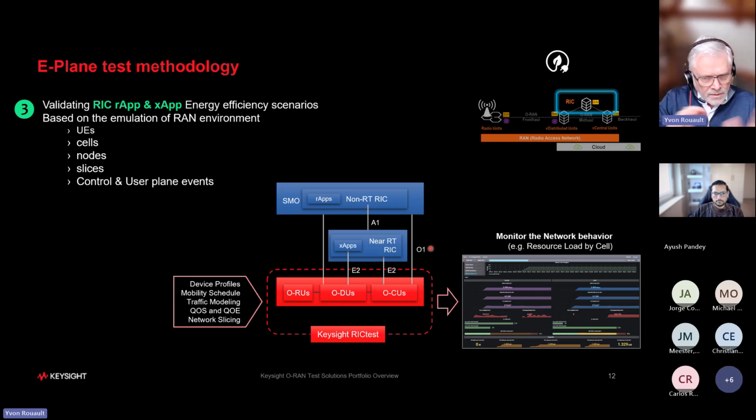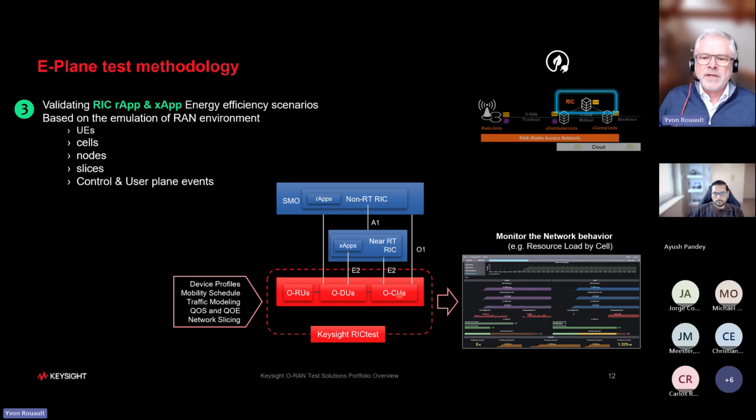So you see, you can play with that, and there are lots of experiments going on, and they are already demonstrating very good efficiency. So the platform basically is based on the simulation of the network in red below. So we simulate multiple UEs, multiple RUs, multiple DUs and CUs.